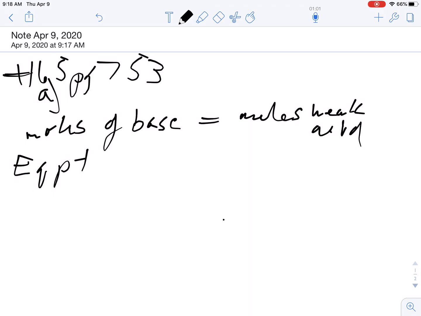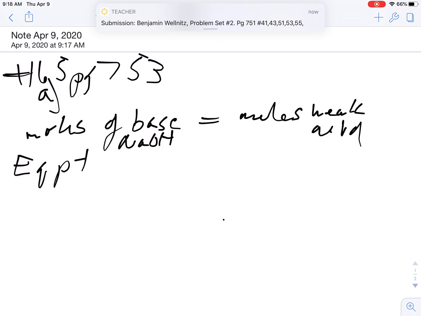Now, if we were doing a strong base with a strong acid, we know the pH is 7, because they cancel each other out. But that's not the case with a weak acid.